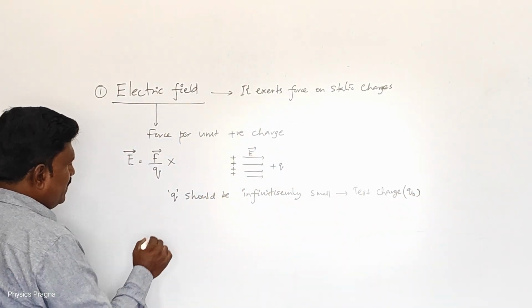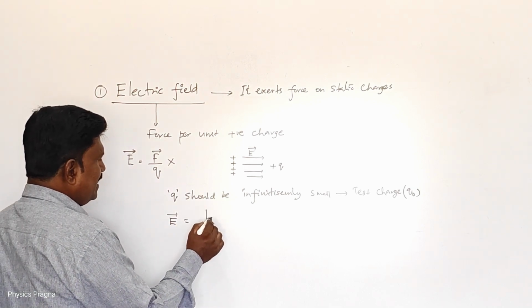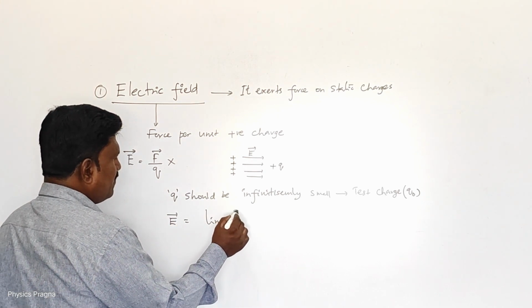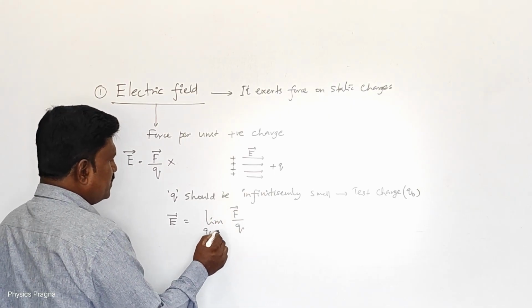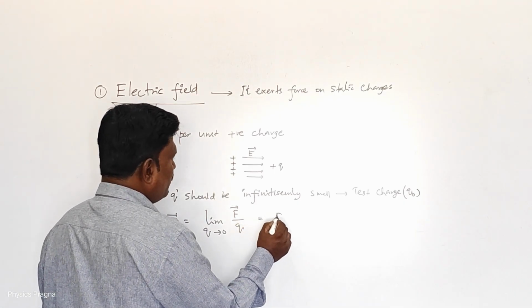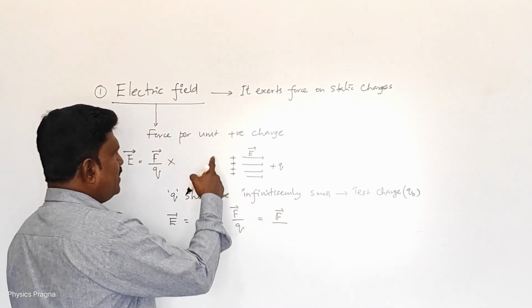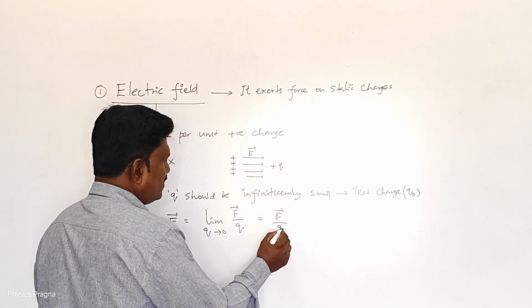So this formula will be correct if we write it as limit of F bar by Q when Q tends to 0. That means force per unit test charge.